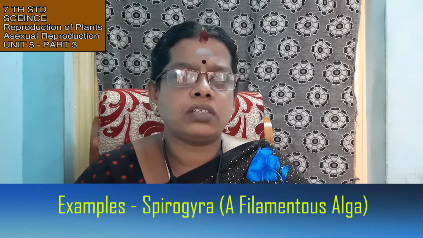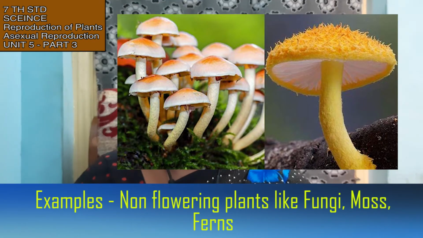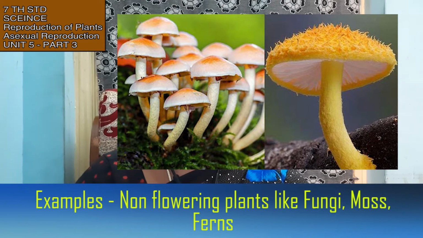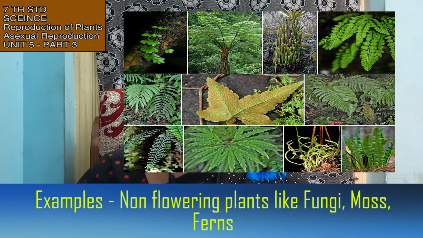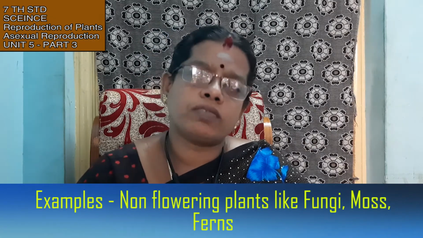The last one is spore formation. During unfavorable conditions like scarcity of water, scarcity of minerals, scarcity of sunlight, or high temperature, non-flowering plants can make this type of reproduction.